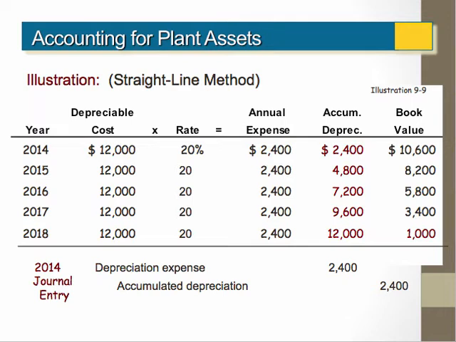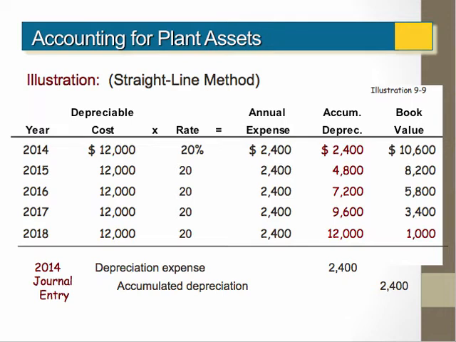Notice the book value is going down by the amount of depreciation we take every year. At the end of the 5th year, the book value is $1,000, which is our salvage value. So when you calculate depreciation and create a table such as this, at the end of the useful life of the asset, the book value will equal the salvage value.